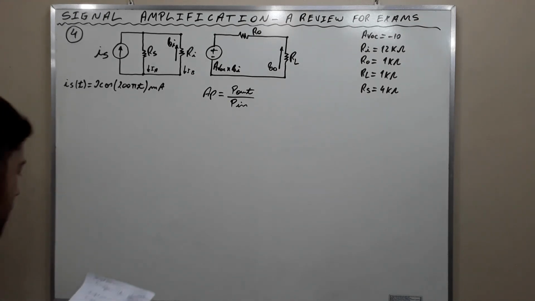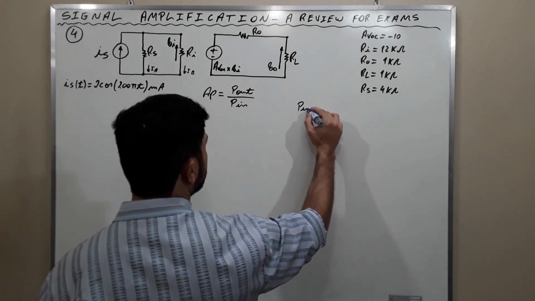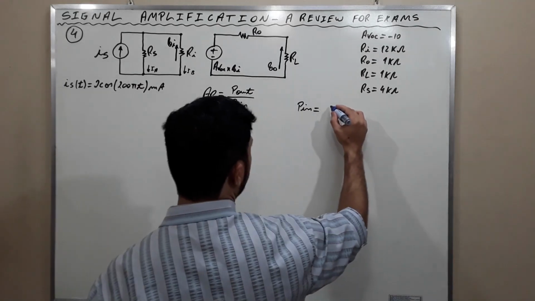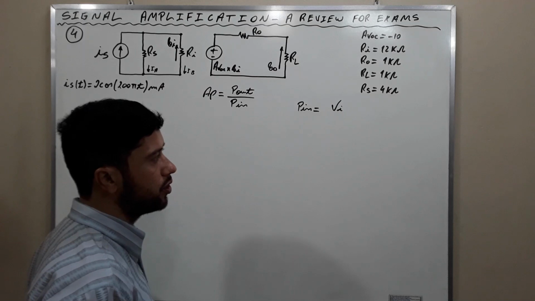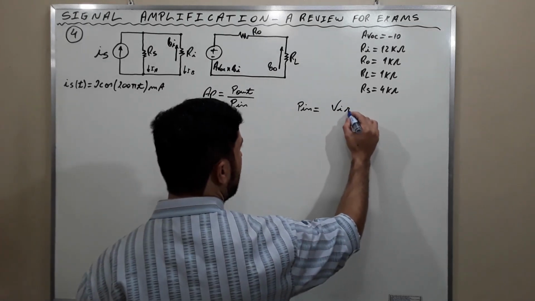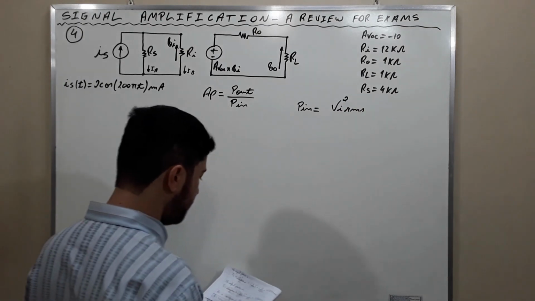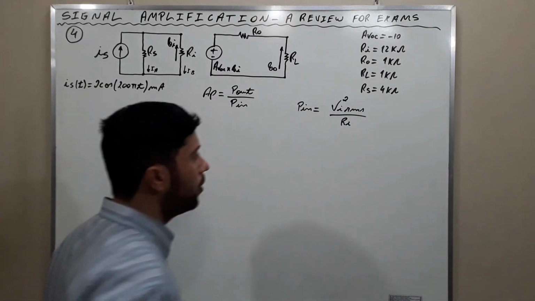But the input power is equal to the input voltage RMS squared divided by the input resistance.